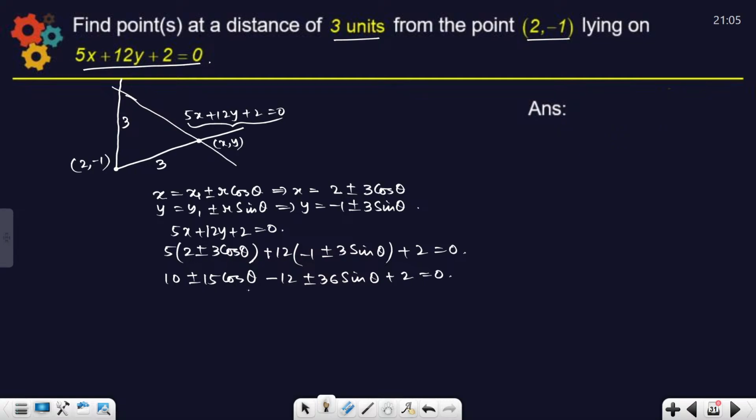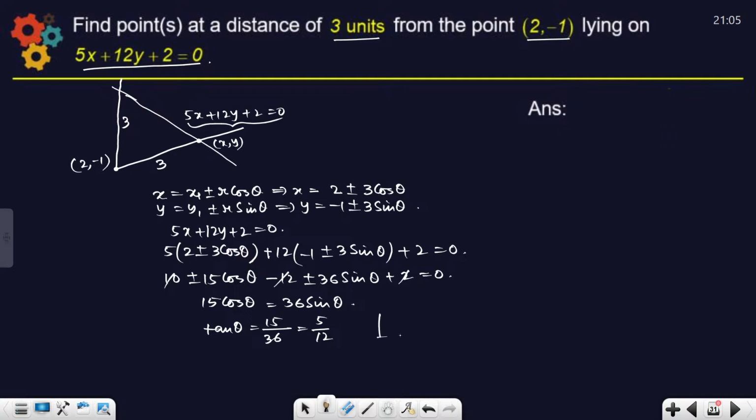So what we are having: this is 2, so this goes off. 15 cos theta is equal to 36 sin theta, right? So we are having tan theta as 15 over 36. So tan theta is coming to 5 over 12.